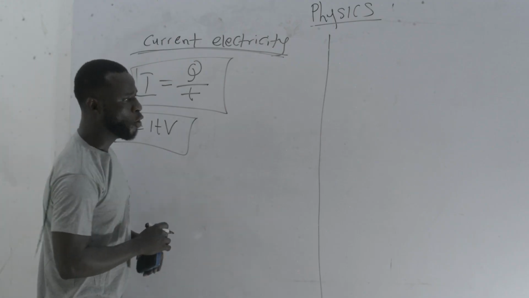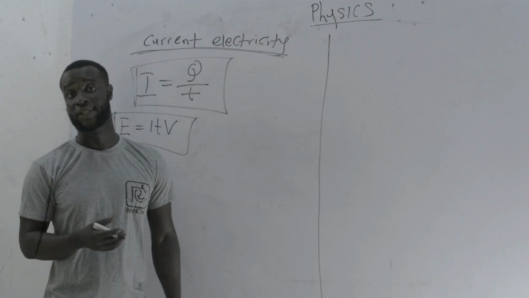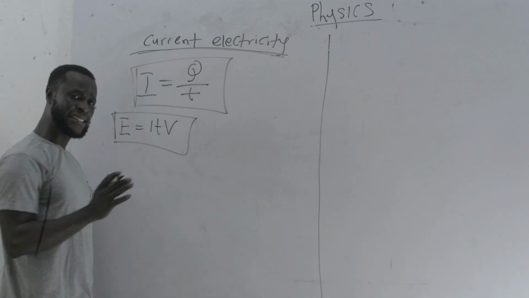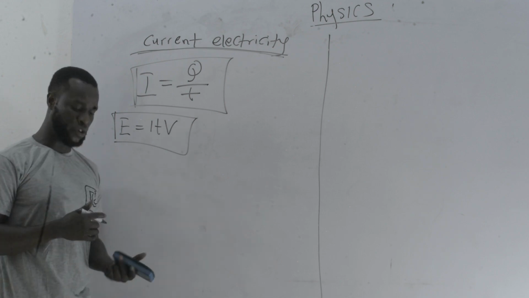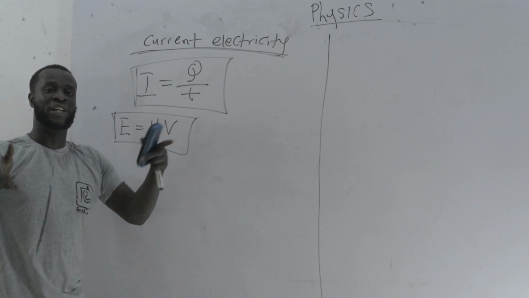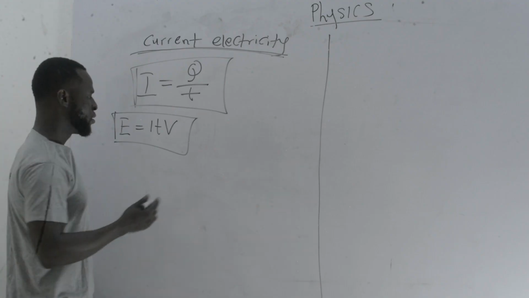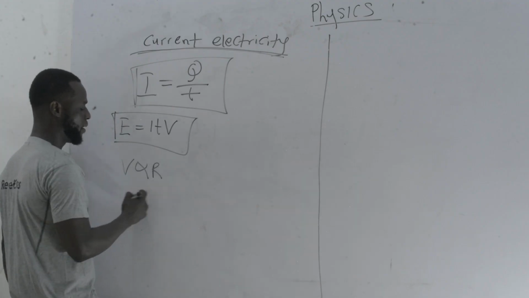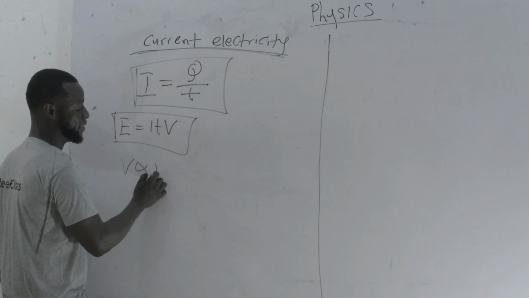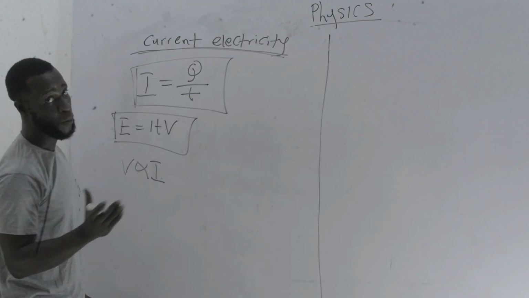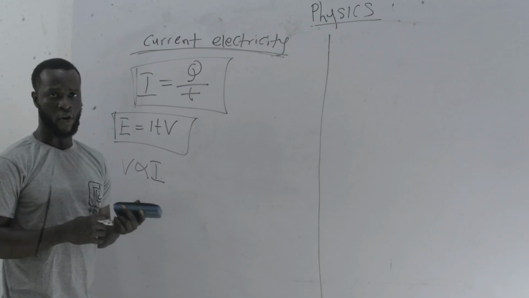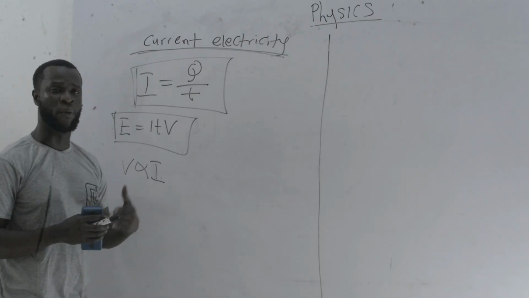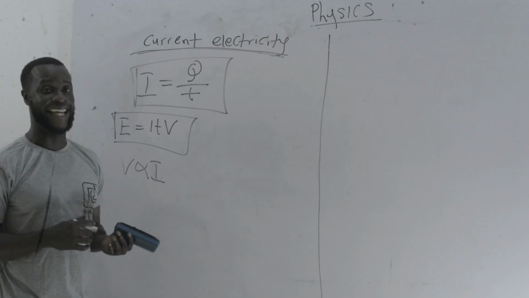There is a very important law that tells us the relationship between current and voltage, and that law is Ohm's law. Ohm's law basically states that the current flowing through a metallic conductor is directly proportional to the potential difference across its ends. So if I'm to write Ohm's law, I will say V is directly proportional to current I, because the current flowing through a conductor is directly proportional to the potential difference across its ends.